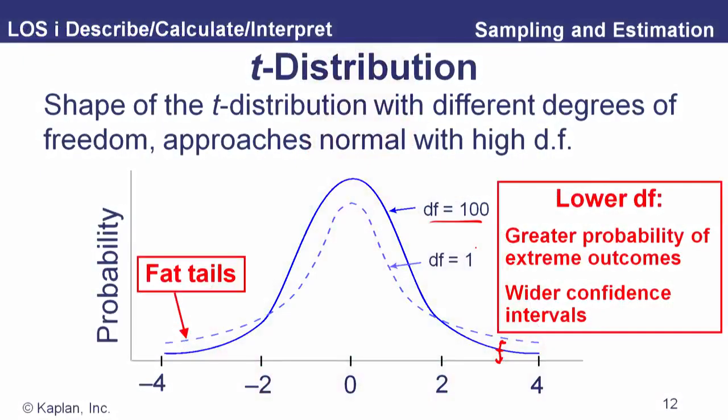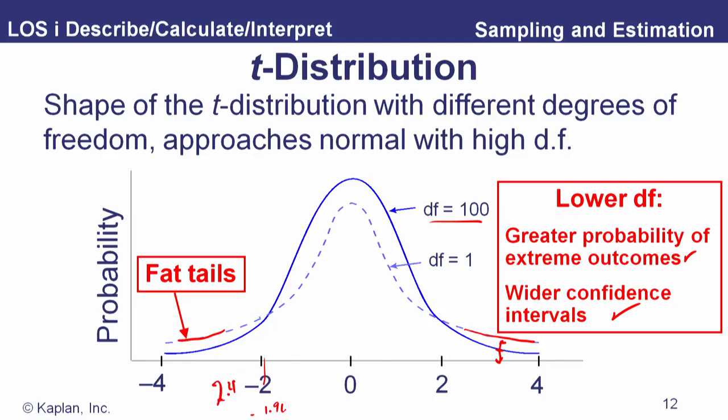So greater probability of extreme outcomes compared to the normal, and because of that, wider confidence intervals. We've got more probability out in these fat tails, so our confidence interval, remember for the standard normal it was plus and minus 1.96 standard deviations. Well, with the t-distribution, maybe it's 2.14, for example.